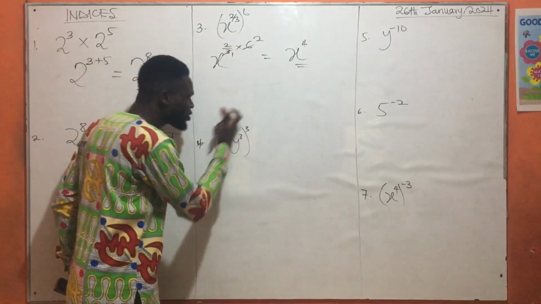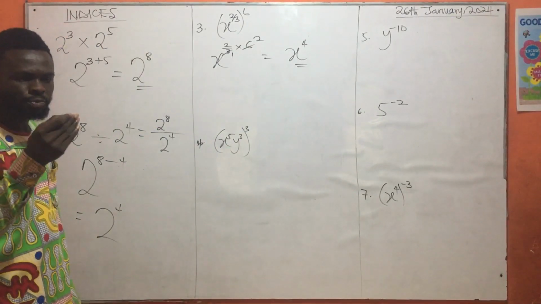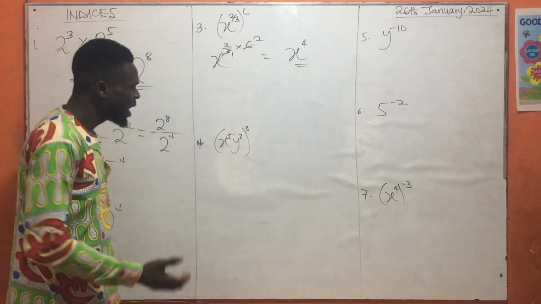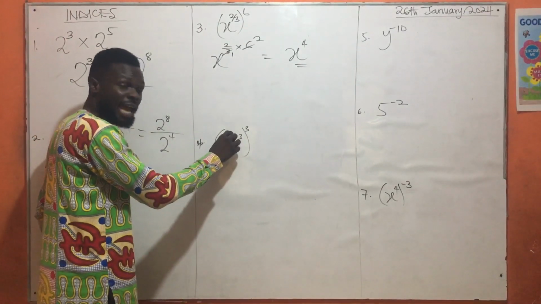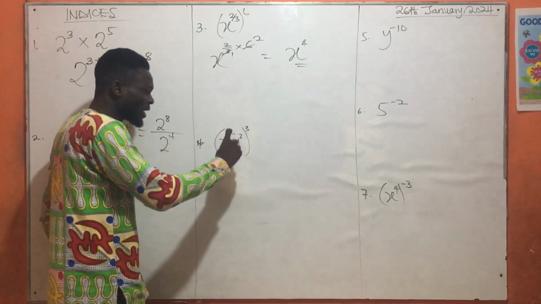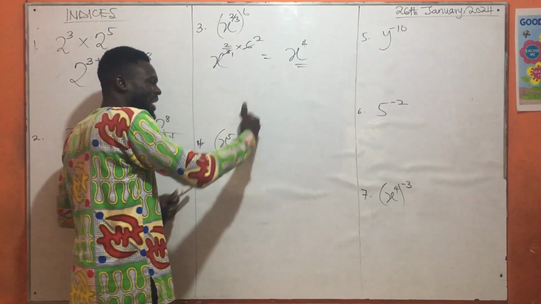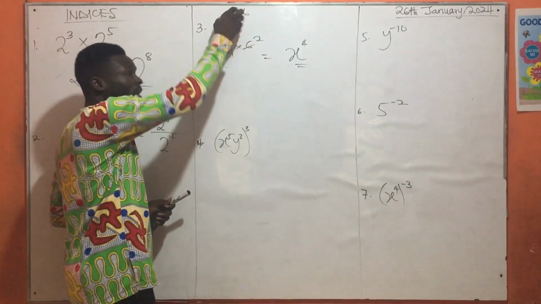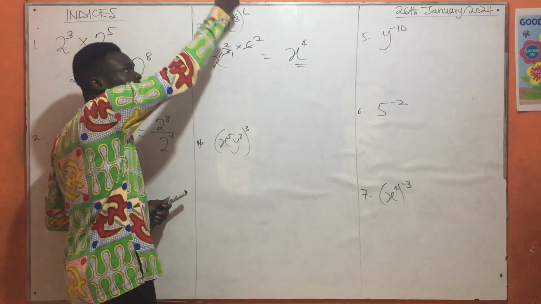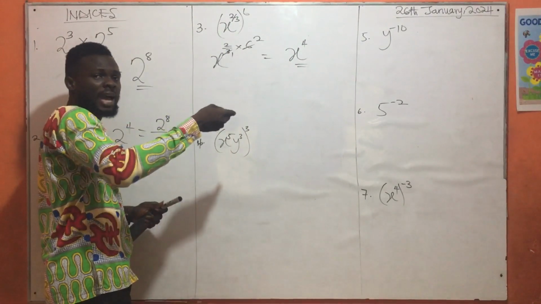Now this one is the fourth law based on the new curriculum. Whenever you have something like this, a number in an exponent, another number in an exponent, and they are all having an exponent, based on the third law, if a number is raised to a power and again raised to another power, we multiply the powers.